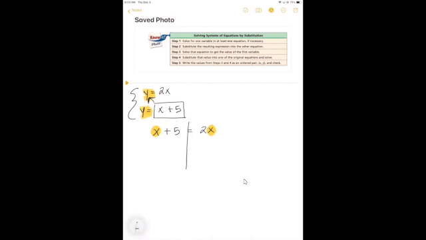We do that by getting all the x's together and then the constants. So here I am going to subtract x because x is positive. And that brings down a 5 equals 2x minus x, which is just x. So our first value that we found is x equals 5.